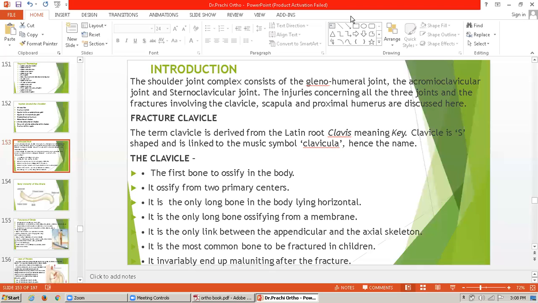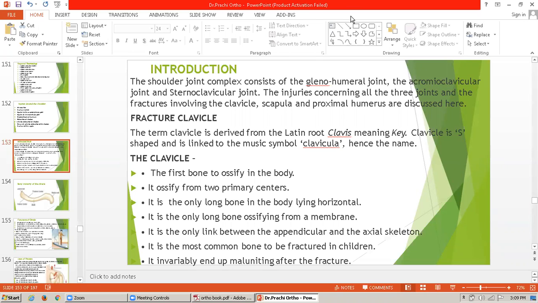So, fracture of the clavicle. The term clavicle is derived from the Latin root clavis, meaning key. The clavicle is S-shaped and is linked to the music symbol, the clef.